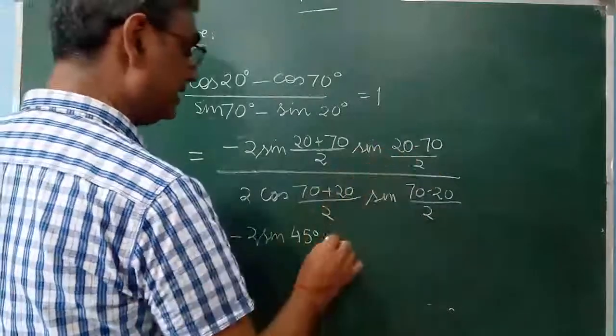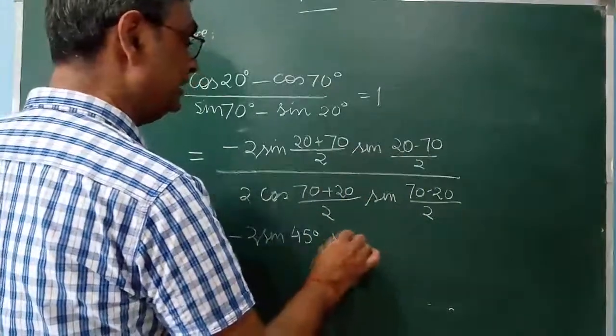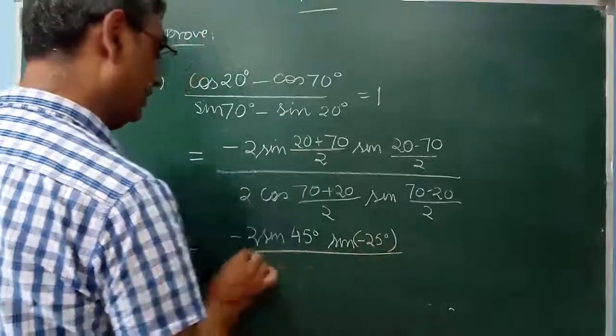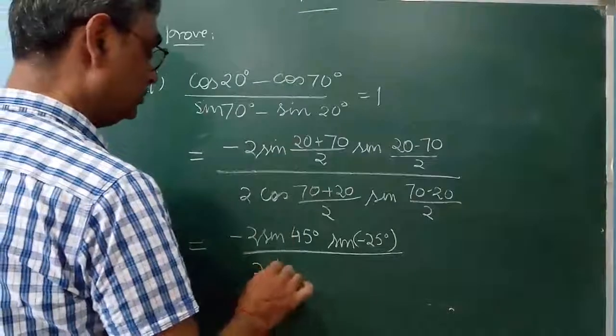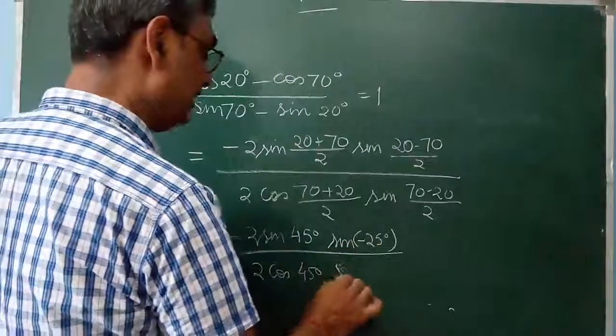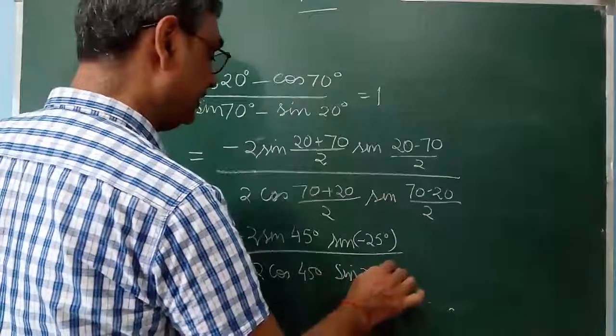Here 20 minus 70, so here it will be minus sine 25 degree upon 2 cos 45 degree and sine 25 degree.